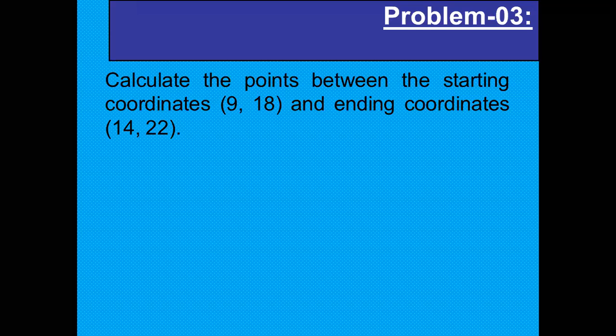So first, we will write the initial coordinates. After that, we will add 0.5 to the x value and y value. Okay, so initially we will add 0.5 to each. First we will write the initial coordinates and after that we will add 0.5 to each value.